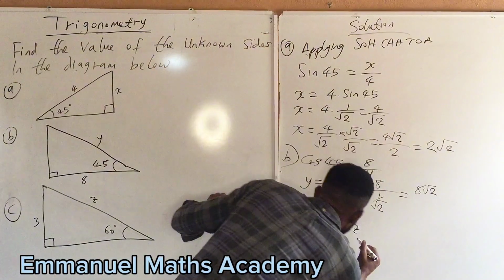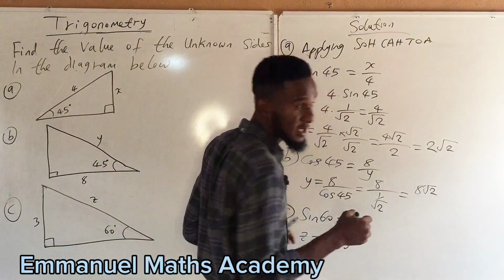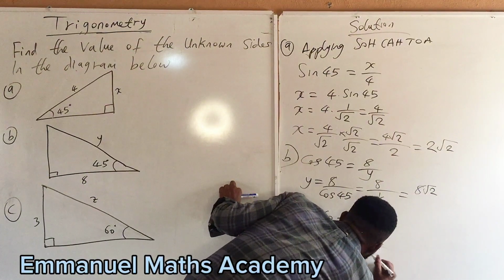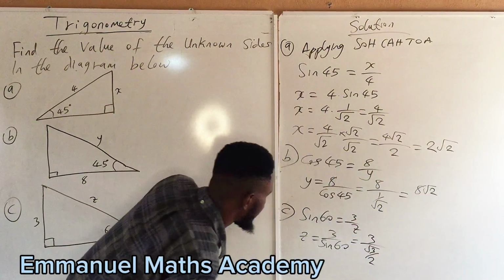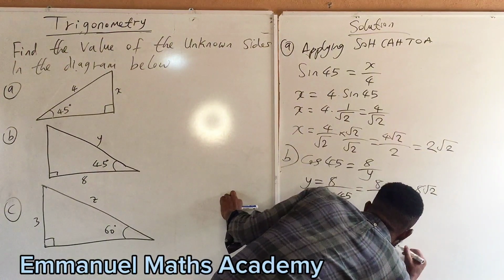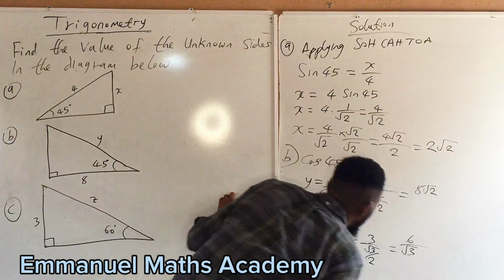Then from this, what's sine 60 as a special angle? Sine 60 is root 3 over 2. And this will be equal to 6 over root 3.